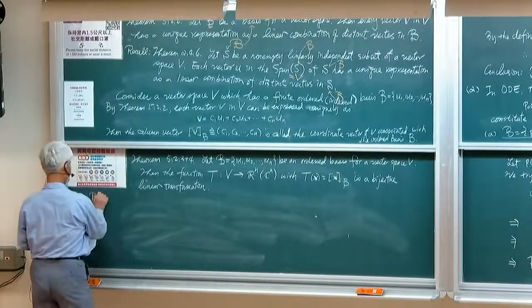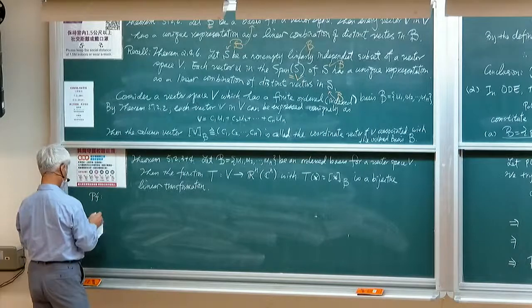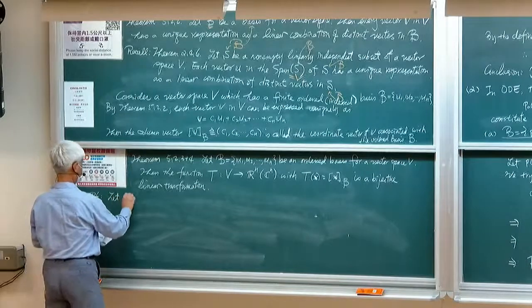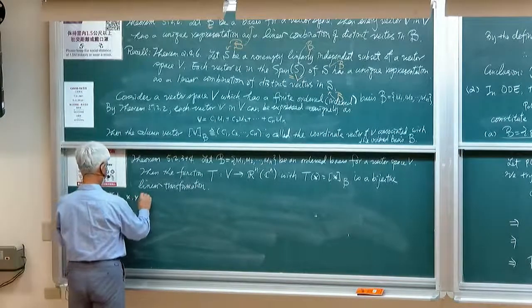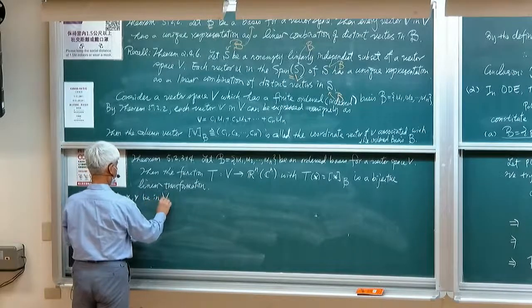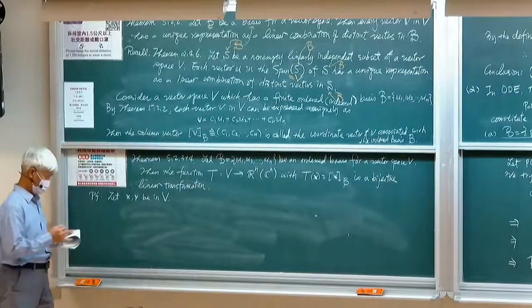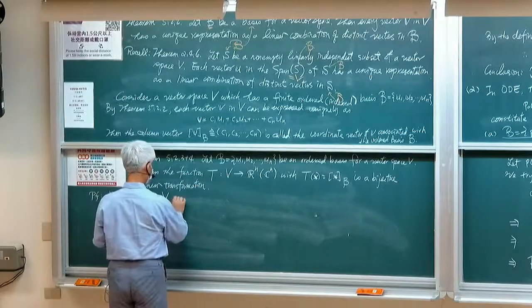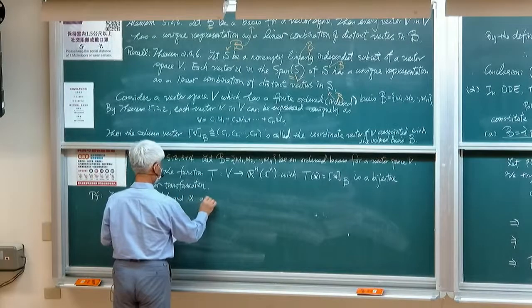Right, so proof. So let x, y be in V. So let x, y be in the vector space, and alpha a scalar.